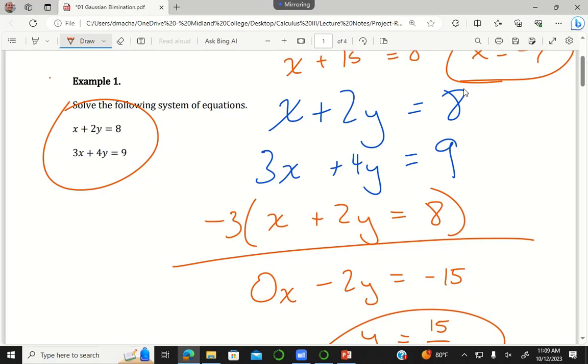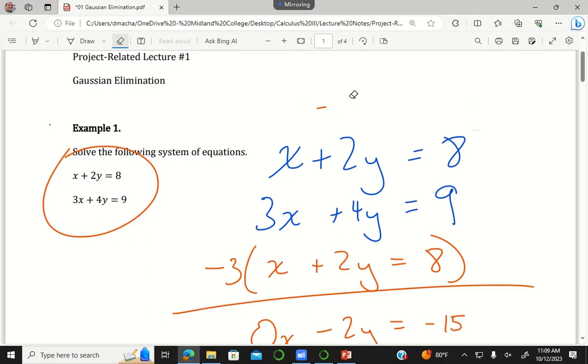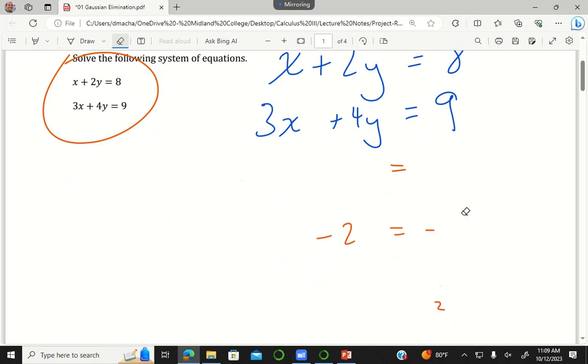There's another way we can do things which is exactly the same as what we just did, but we're going to save a little bit of time just by not writing x and not writing y and not writing plus and not writing equals. The way we're going to do this is with Gaussian elimination.